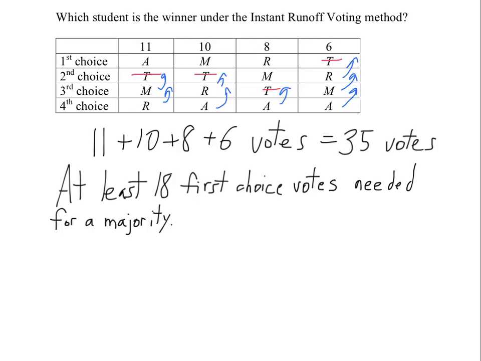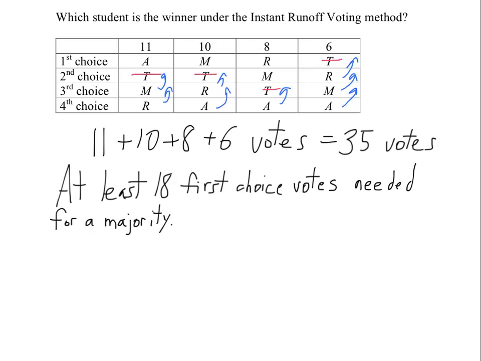So we ask in the second round, is there a candidate who has 18 or more first choice votes? Well, Ashley has 11 still, Mark still has 10, Rachel now has these 14 first choice votes, still not 18, so the election is still not over.